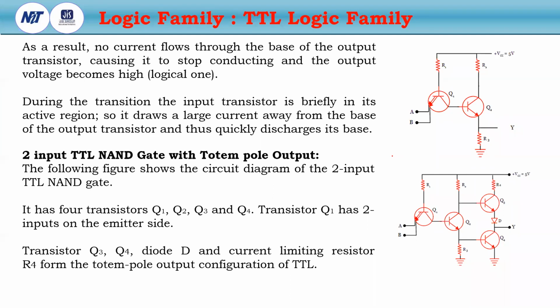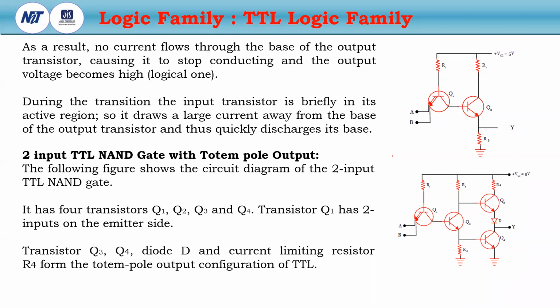That is the open collector type, and another is the totem pole. And another configuration is called tri-state. So there are three output configurations that exist in the TTL logic family.